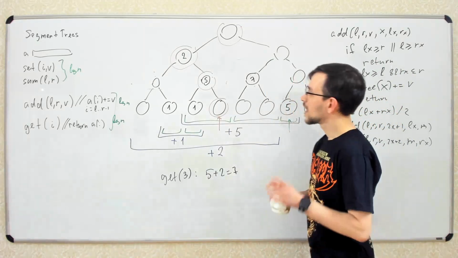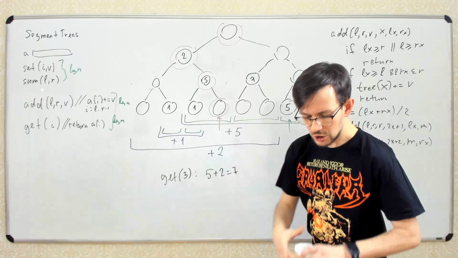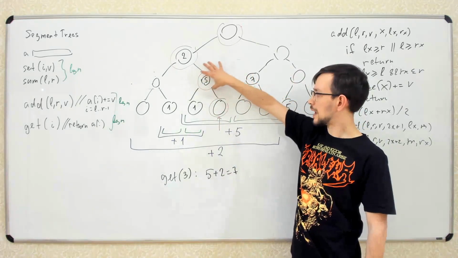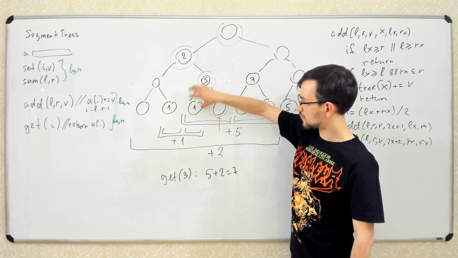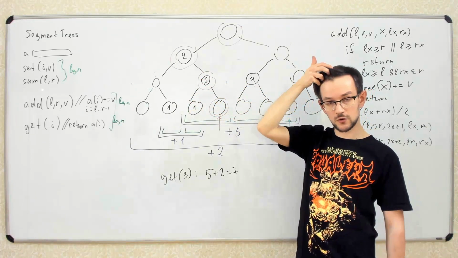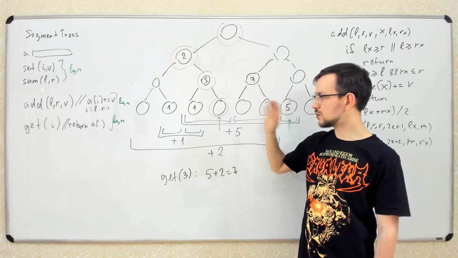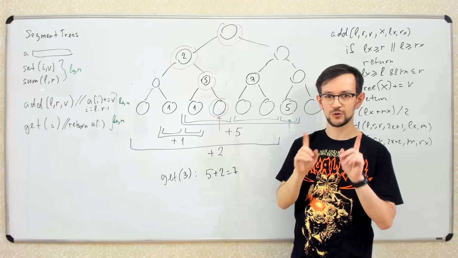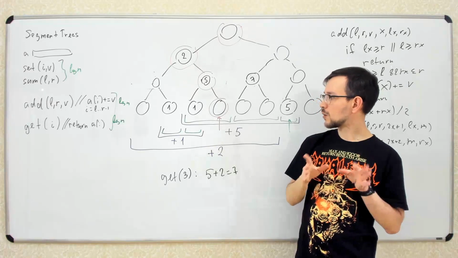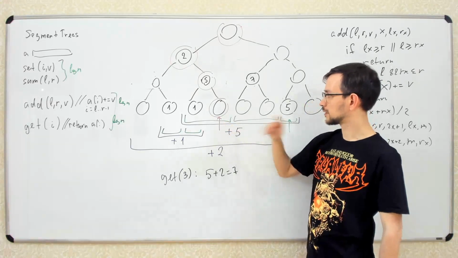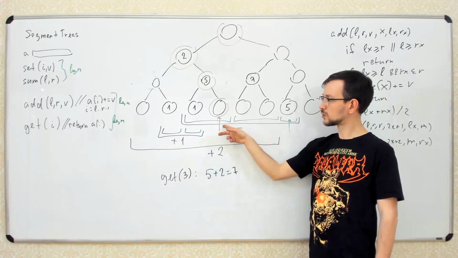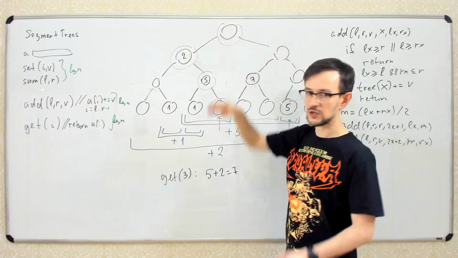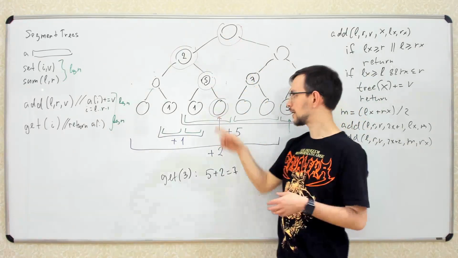That's what we do. We just maintain the operations. So we have this operation plus 5, and we need to apply it to all elements of this segment. We don't try to calculate the sum on a segment and so on. We will do it later, but not now. By now, we just want to find the current value of this element. And to find the current value of this element, we just add all operations. So we go up to the root and find all operations which should be applied to this element.